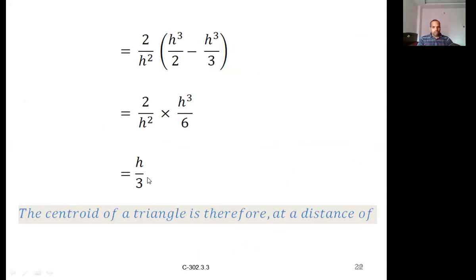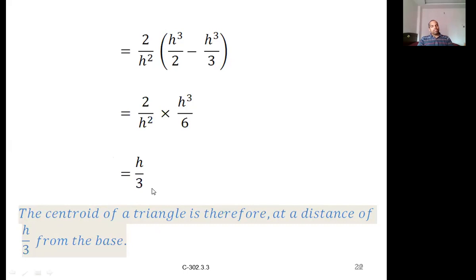So the centroid of a triangle is at a distance of h by 3 from the base. That's what we discussed previously, by drawing the medians and locating their intersection point; we saw the same h by 3. Now it is proved.